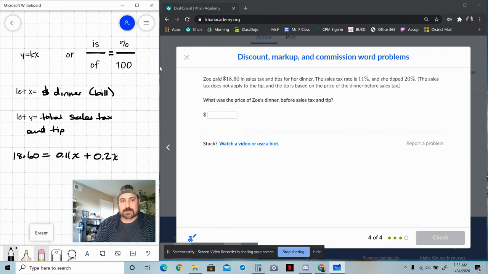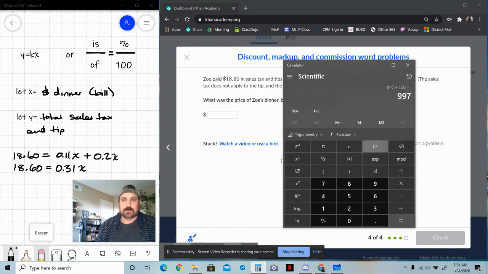So 0.11X plus 0.2X. Well, we can just combine like terms here, right? So this is 11% of X plus 20% of X. Well, isn't that just 31% of X? So that means that the $18.60 is actually 0.31 or 31% of the bill. Okay, so then you just solve it by dividing both sides by 0.31. So you grab a little calculator here, and you go, all right, I got this, no problem.